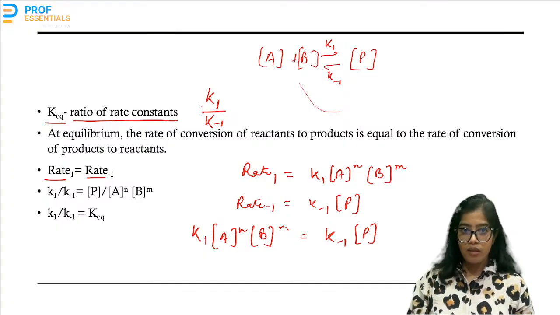Agreed? At equilibrium, rate 1 is equal to rate minus 1. Therefore, K1 A to the power N B to the power M is equal to K minus 1 into product.